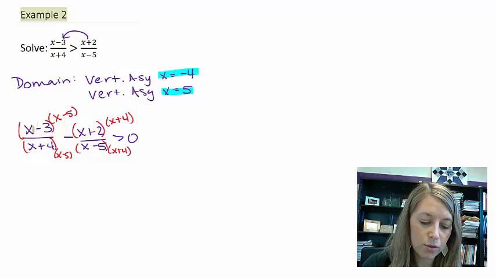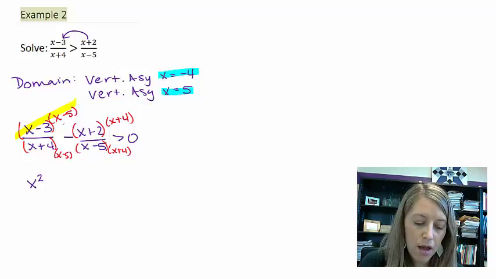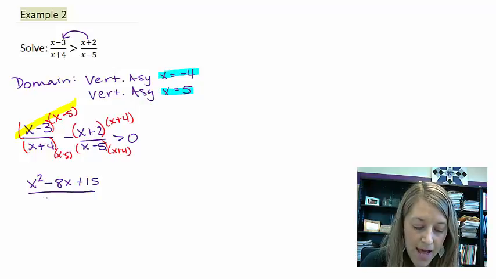So on the left, when I FOIL this, it gives me x squared. On the outside, -5x. Inside -3x gives me -8x. And last is +15. And that's over my LCD, x plus 4, x minus 5.